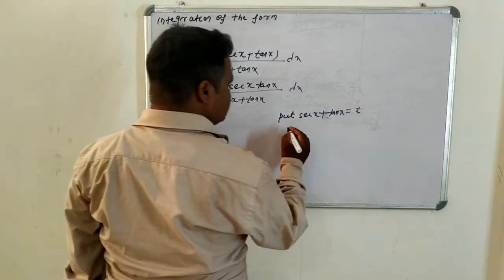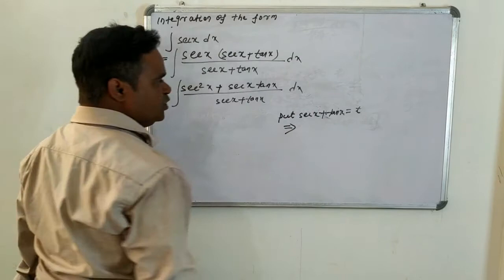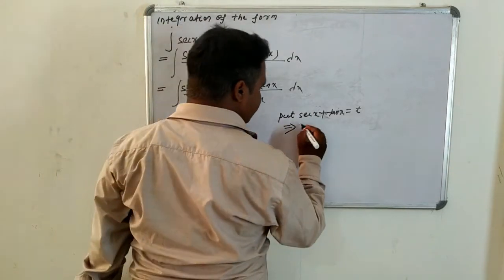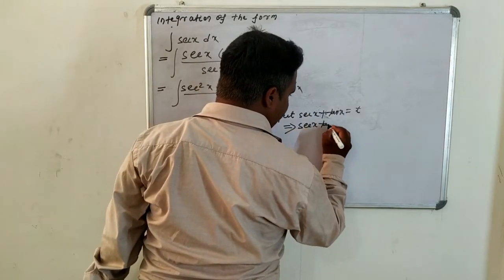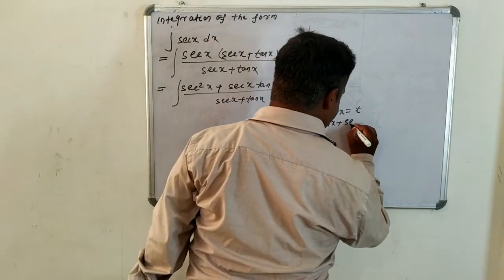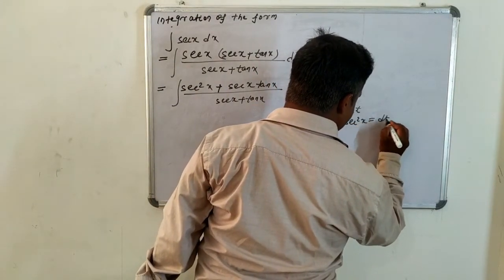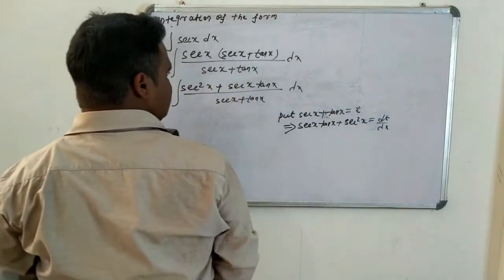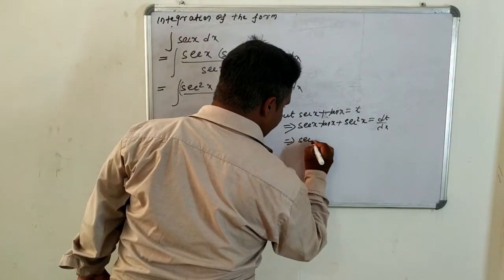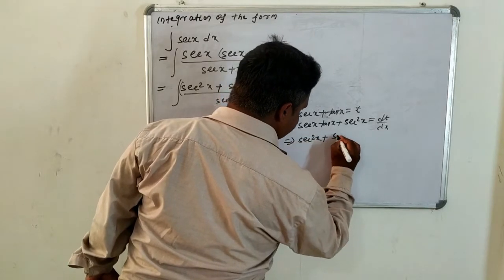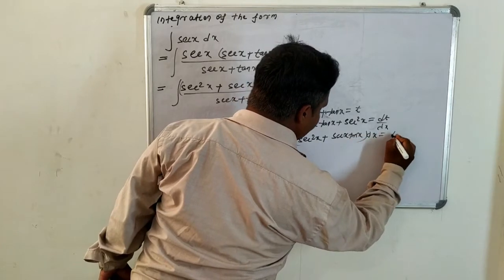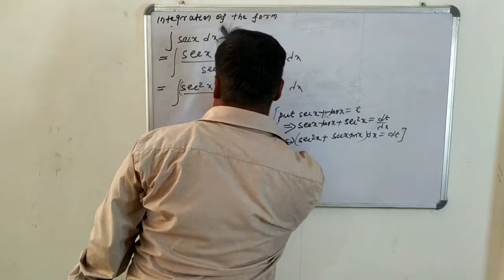So take the derivative of both sides with respect to x. The derivative of sec x is sec x tan x, plus the derivative of tan x, which is sec square x, equals dt by dx. So sec square x plus sec x tan x, multiplied by dx, equals dt. Put this value in the given part.